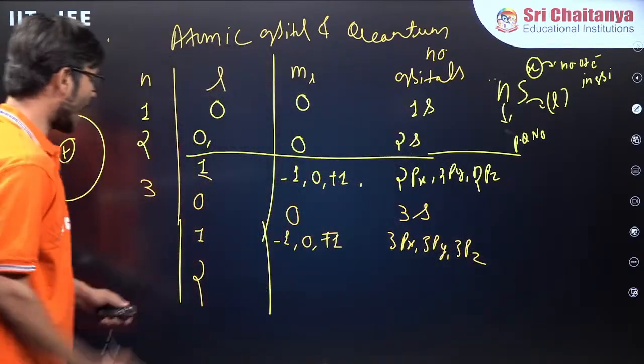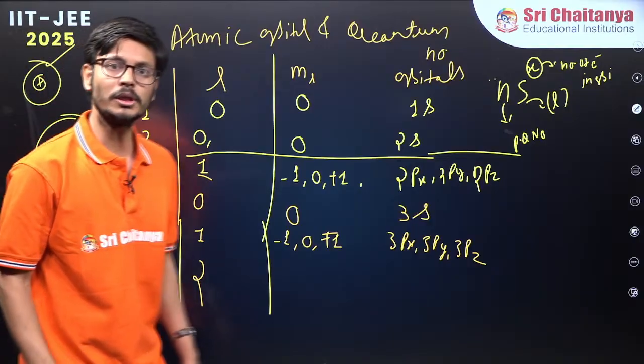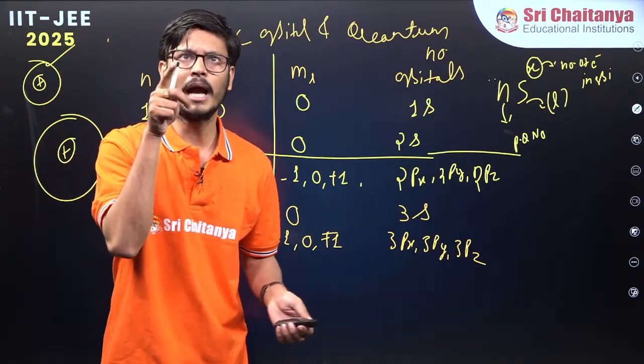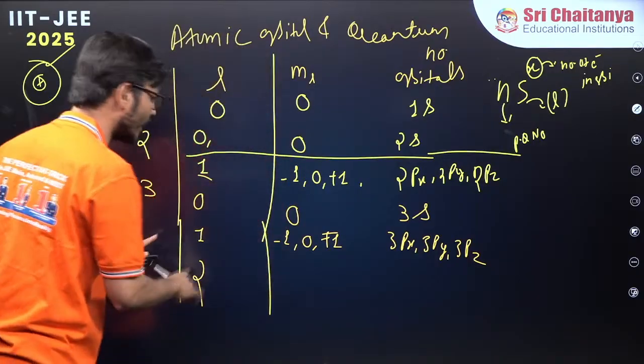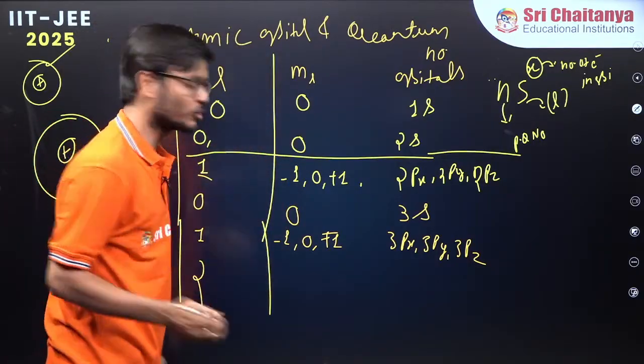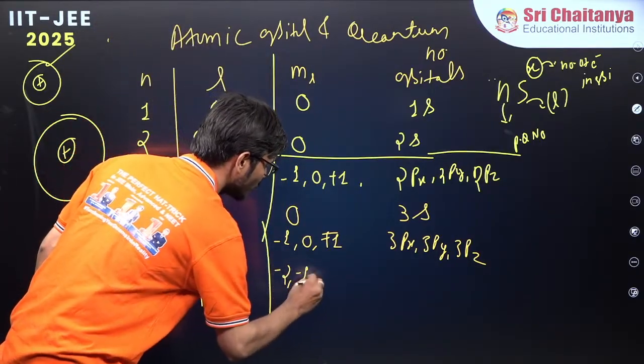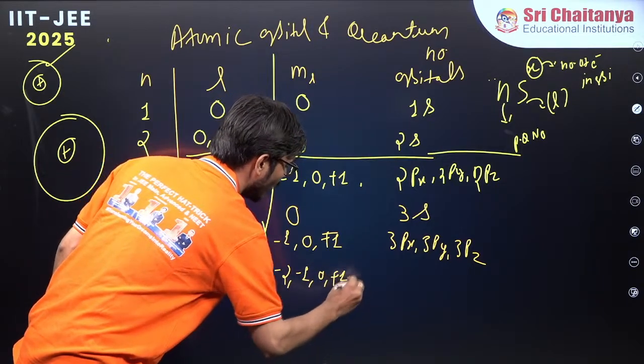Now for L equal to 2, what are the ML values? ML varies from minus L to plus L, which means minus 2 to plus 2: minus 2, minus 1, 0, plus 1 and plus 2.